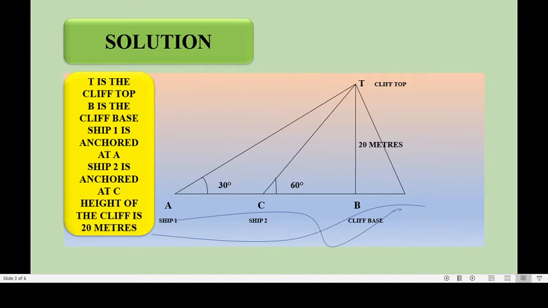So we need to find the distance between A and C where the two ships are anchored.